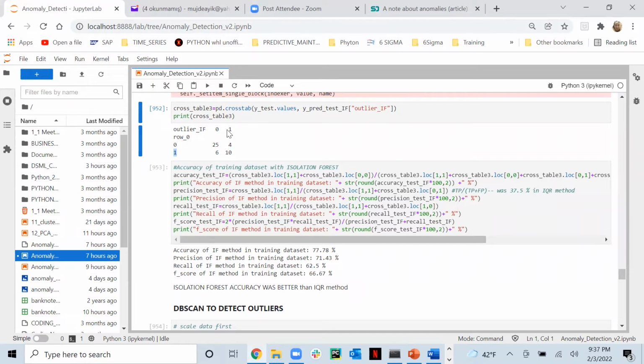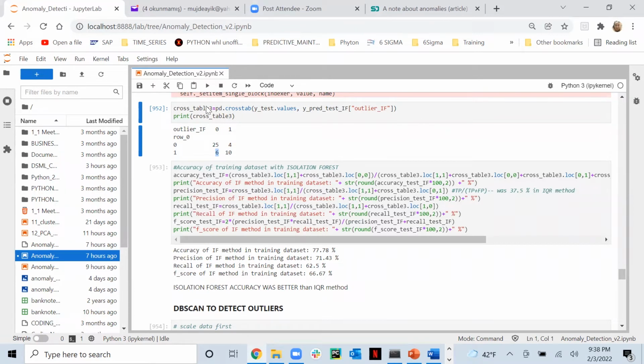Yes, exactly. So in my actuals, for example, I have 16 fake banknotes, and among those 16 I was able to identify 10 of them, and I was not able to identify 6 of them. So this all affects my accuracy and recall.